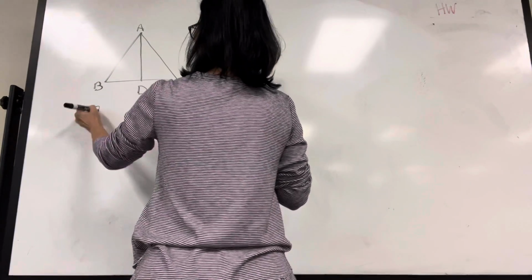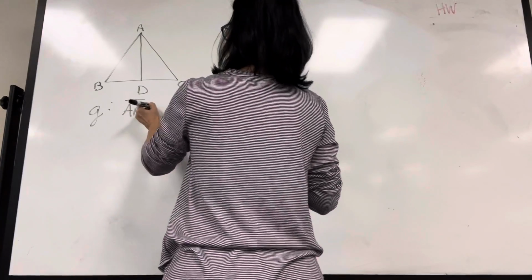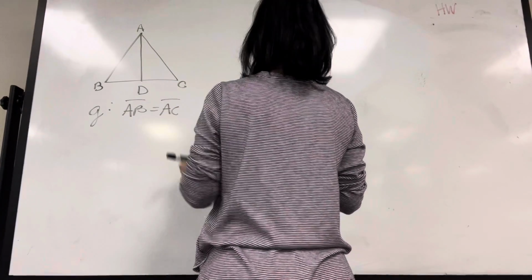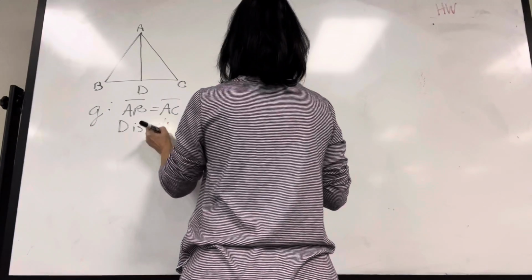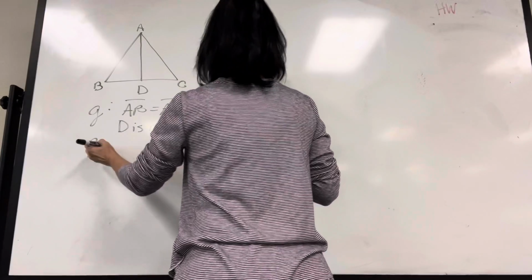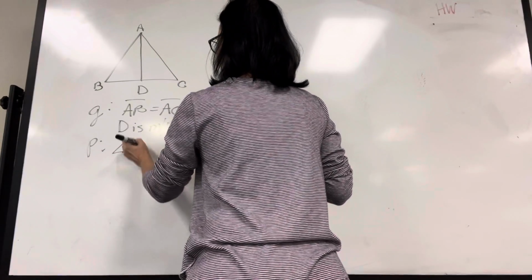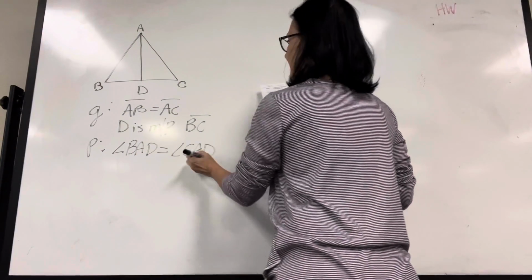All right, so here's the given statement. AB equals AC, and D is the midpoint of BC. Here's what we want to prove. Angle BAD is congruent to angle CAD.